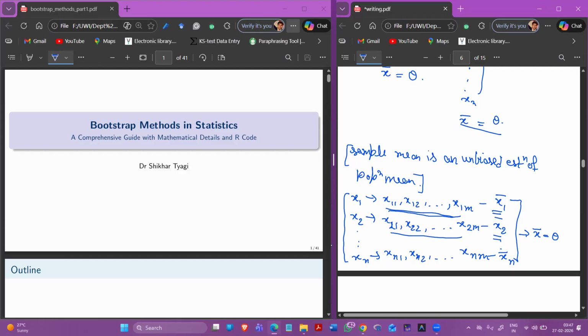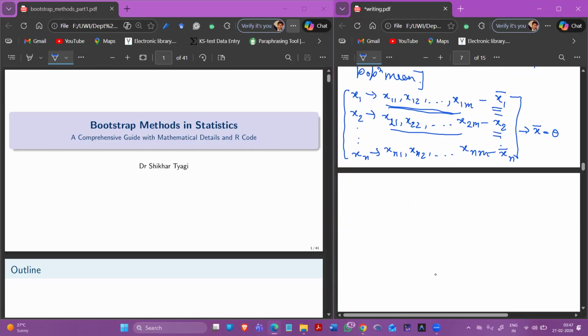If you remember, in the questions we were writing x1, x2, xn following the normal distribution with mean mu and variance sigma equal to 1, and we were saying mu followed some other prior distribution.